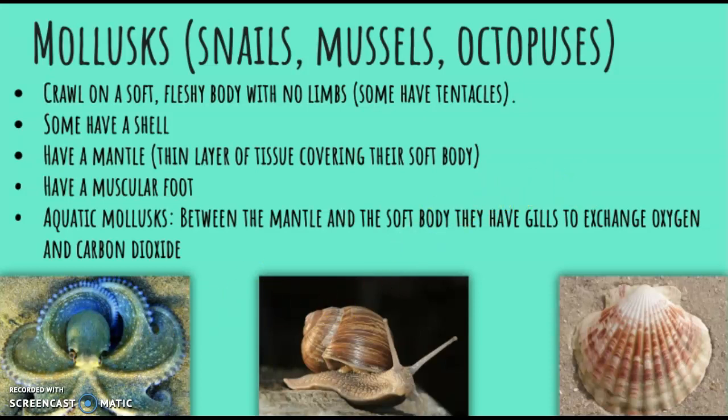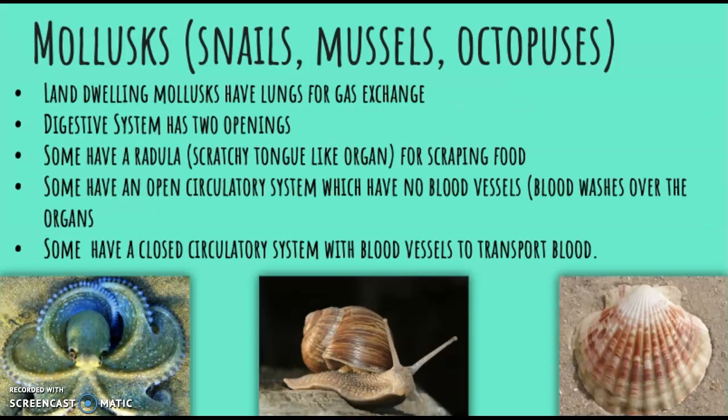In the case of land mollusks, such as snails, they have lungs for gas exchange. Their digestive system has 2 openings. They have a mouth and they have an anus to release the waste products after digestion. Some of them have something called a radula, which is a scratchy tongue-like organ that helps them scrape food off of surfaces.